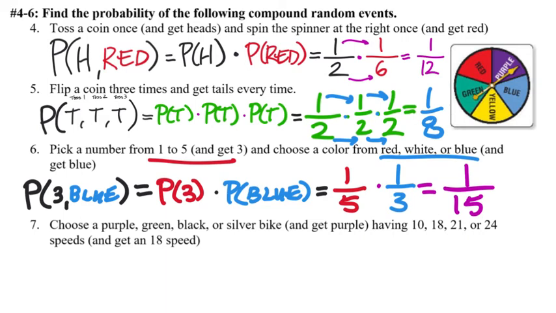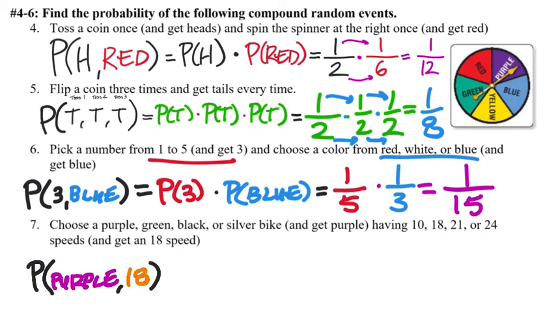So let's look at number 7. Choose purple, green, black, or silver bike and get purple. Then having 10, 18, 21, or 24 speeds, but get 18. Okay, well let's go and write out our probability here. So it's the probability of the color, which was purple, and then choosing the speed of the bike, which was 18, right?